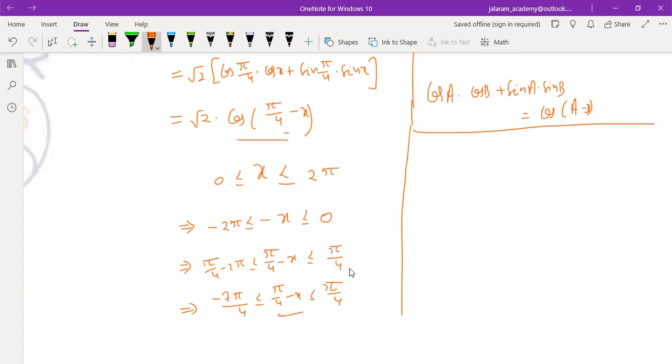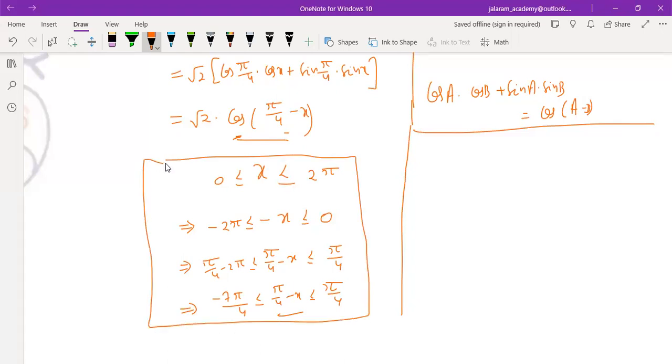So what about this cos(pi by 4 minus x)? We have to find the minimum and maximum value of cos(pi by 4 minus x). Will 0 lie between this interval or not? Yes, sir. 0 will lie between minus 7 pi by 4 to pi by 4. And we know that the value of cos x at 0 is 1.